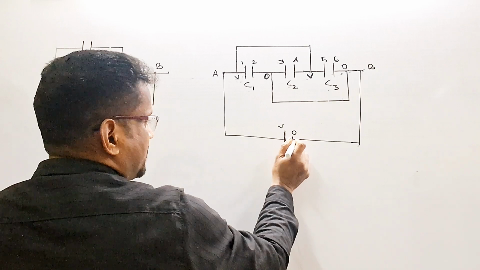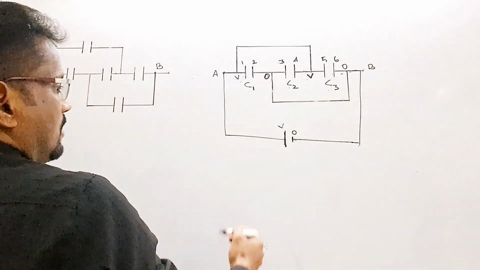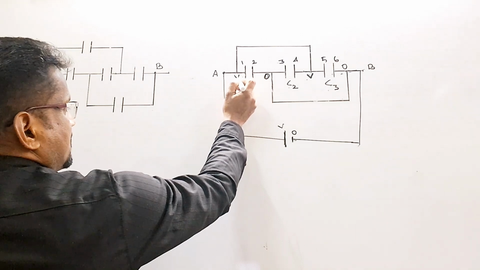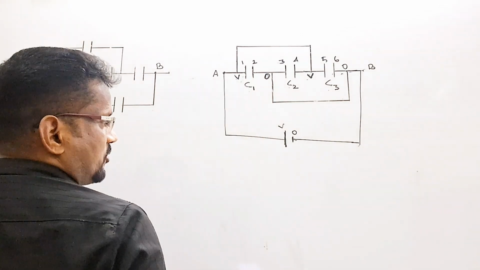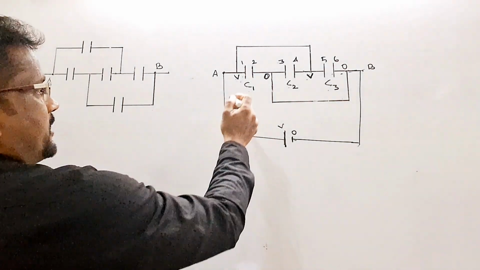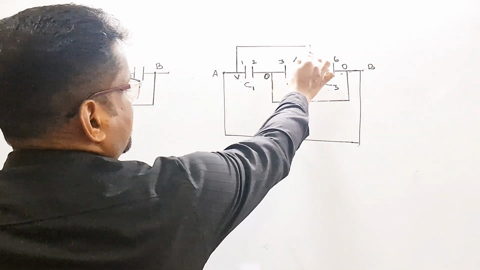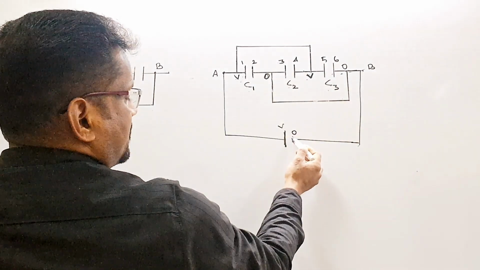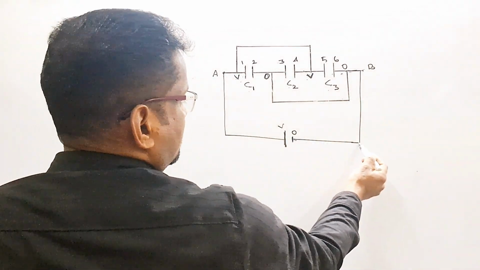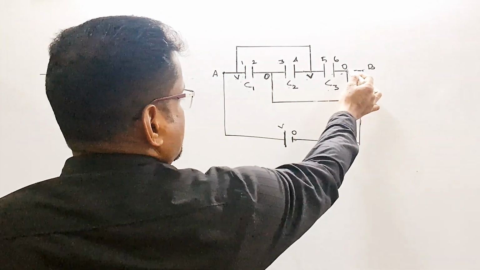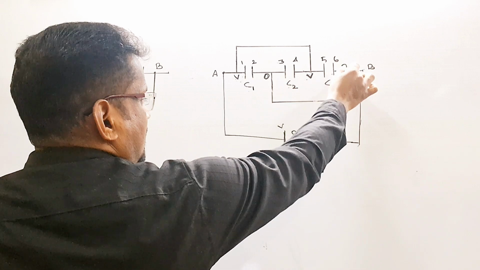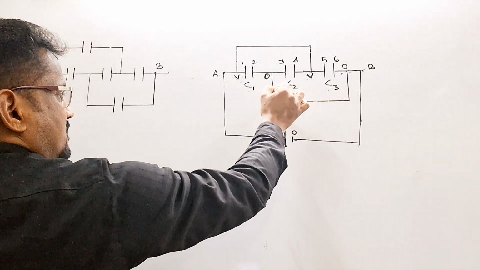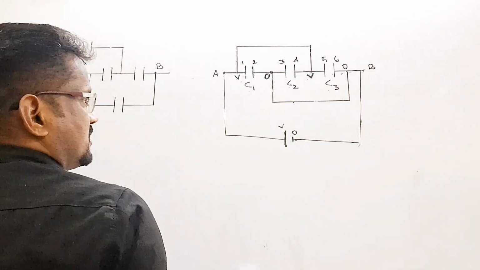Now see, along this way there is no device, so at this point potential is V, because there is no potential drop. Next, along this way there is no device, so here also potential V. Now at this point potential is 0, and going along this way, no device is there, so potential 0. Along this way also 0 potential, here also 0, and at this point also 0.